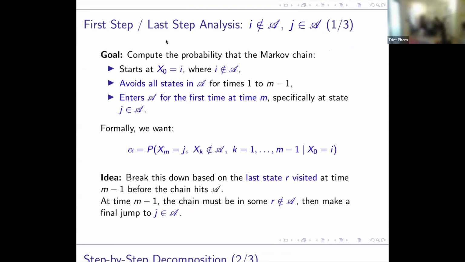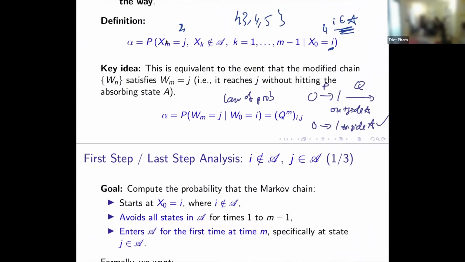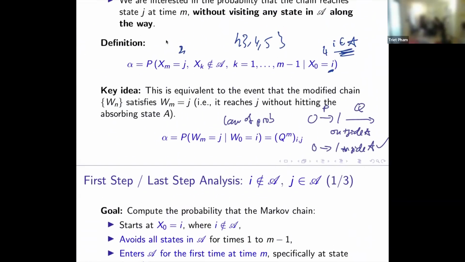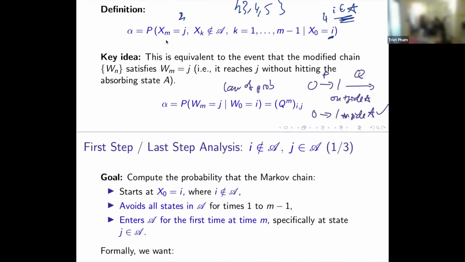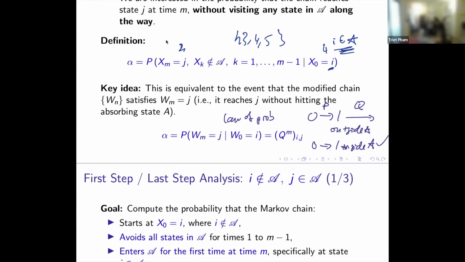My slide is correct, but I was reading it wrong. I is not in A, so I is the right one. Sorry, I is correct. I kind of explained this. I should have done the last step, but it's the same thing. I was explaining the wrong one.